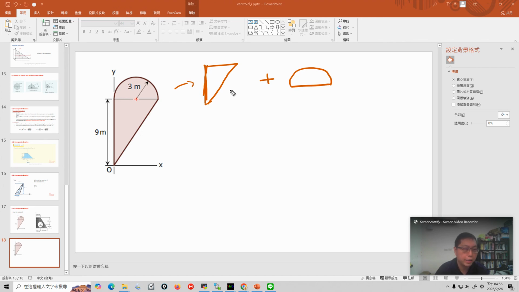The next thing is to try to find the centroid of each part. We need to find the centroid of this right triangle and the centroid of the semicircle.